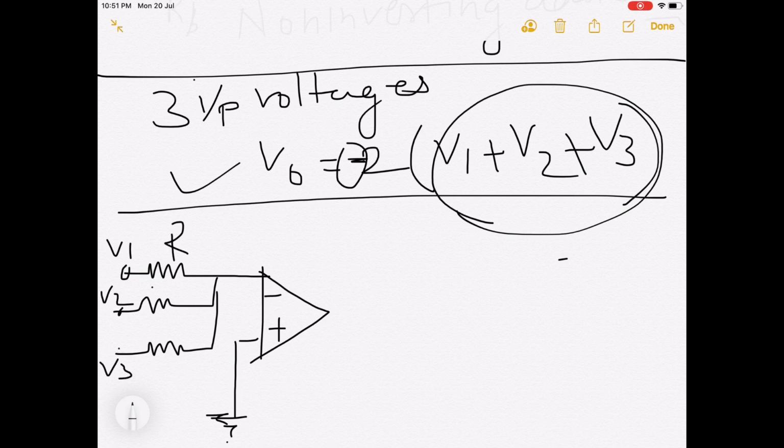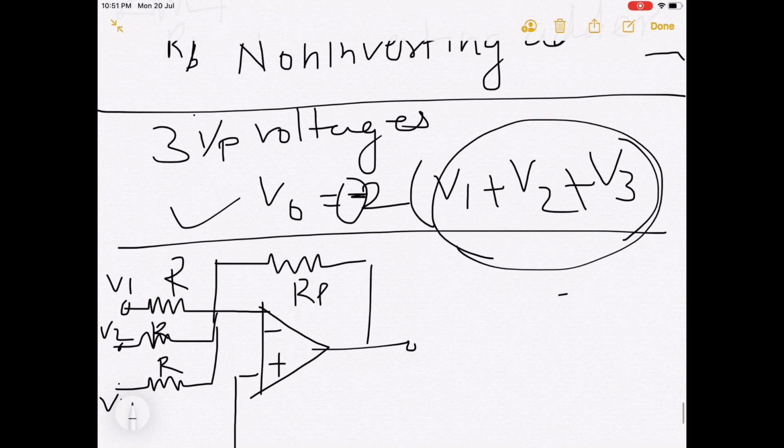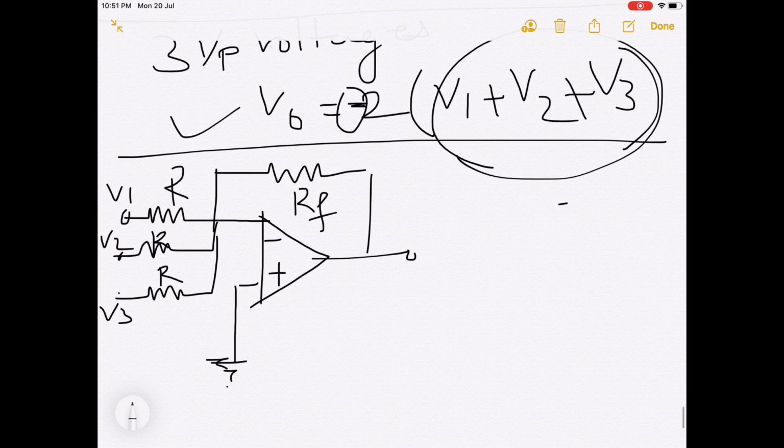So R, okay, and then your gain is what? It is 2 times the negative sum of inputs. So for inverting adder, you should know the formula of output.